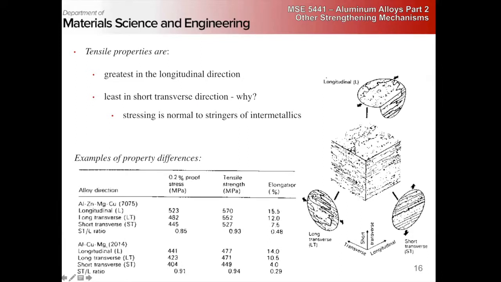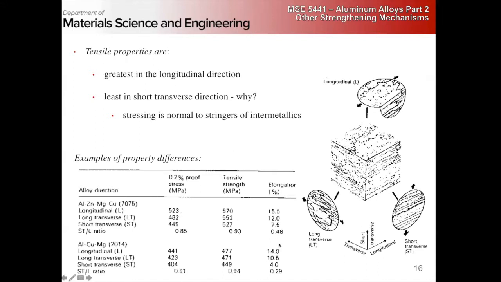If we add zinc, we suddenly get a higher degree of strengthening, but we get a greater anisotropy ratio that develops for yield stress, right?